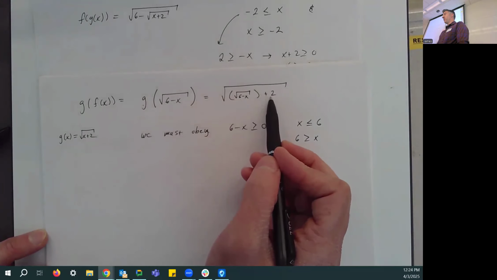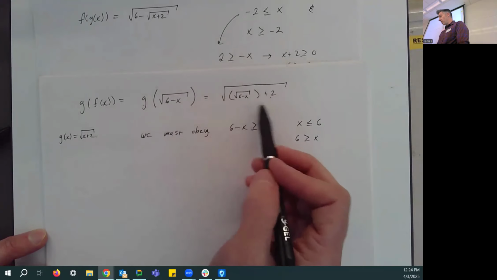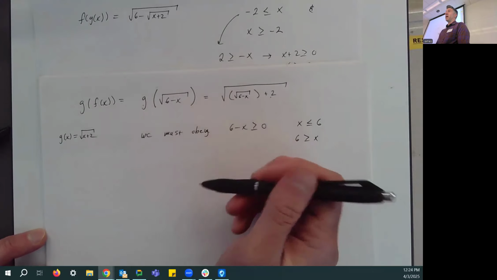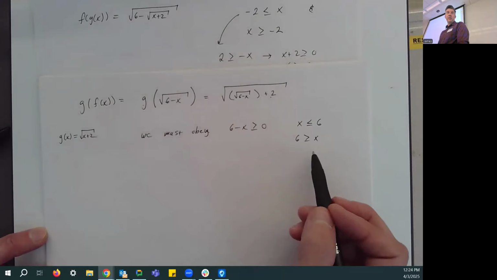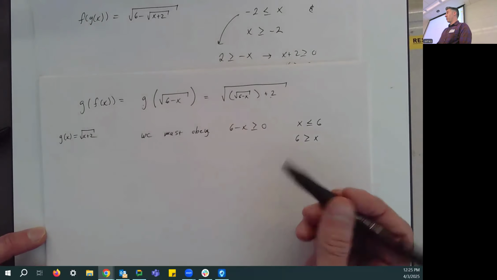And I can take the square root of any number that is bigger than or equal to 0. So this quantity inside here can't ever be negative, no matter what x is. X is restricted to being less than or equal to 6, but that's it. We don't have any other worries, right?